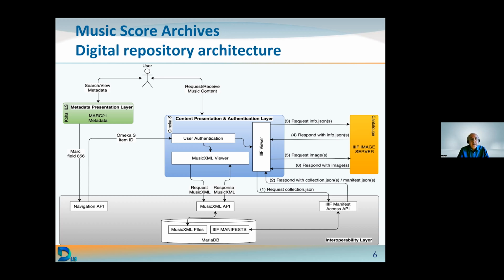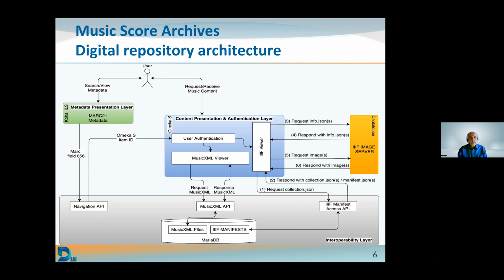Omeka S can integrate the IIIF module. In the future we plan to add more metadata in Omeka S, because Omeka S is able to use RDFS vocabularies and the Resource Description and Access standard has also an RDF vocabulary. So in the future, Omeka S will play a more critical role.